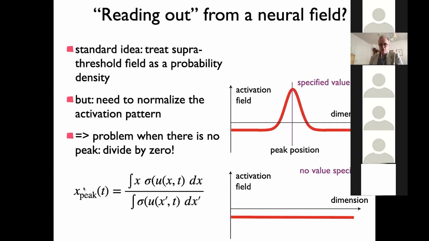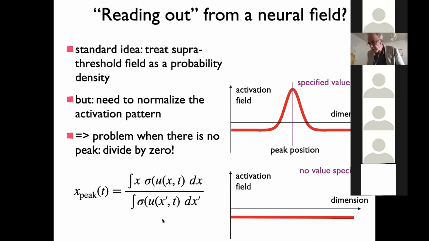That would mean you get a larger number out of it. That is, if the peak is the same shape but blown up, the specified value would move to the right. So it would have bias. And if it has a very small amplitude, this number becomes small, then the peak position would be shifted to the left. That's a bias problem. So it only works if you normalize correctly. And normalization is a problem.